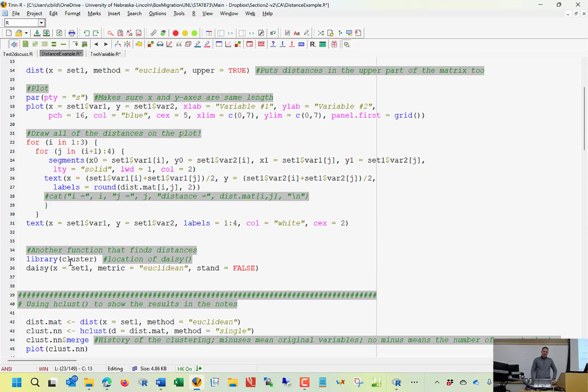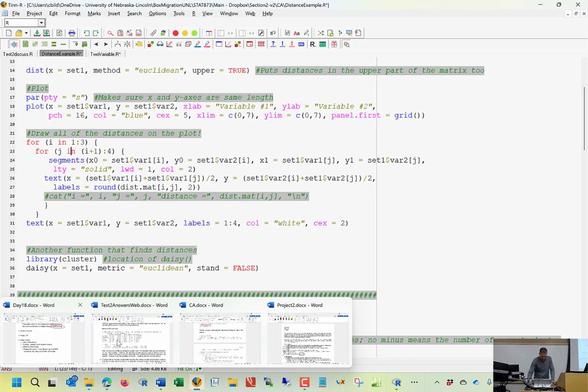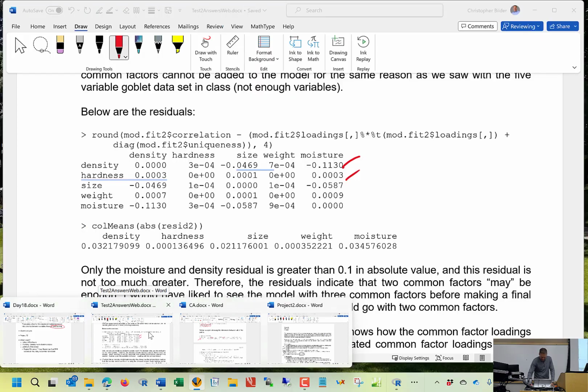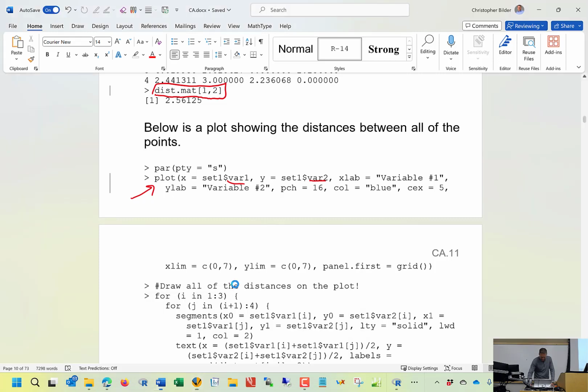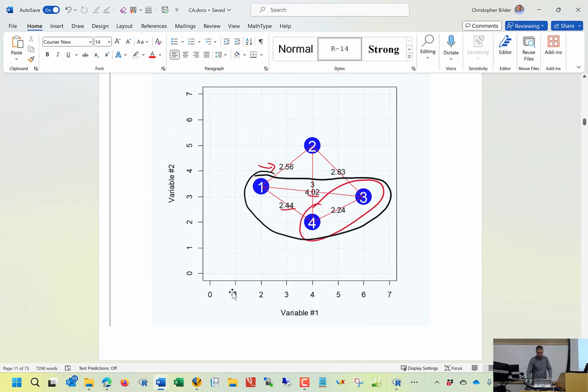Now, to get the actual lines and the distance shown on the plot, the red lines, and to plot the distances that you see, I need to use some for loops. In many programming languages there are for looping structures and do looping structures. R uses a for looping structure here.